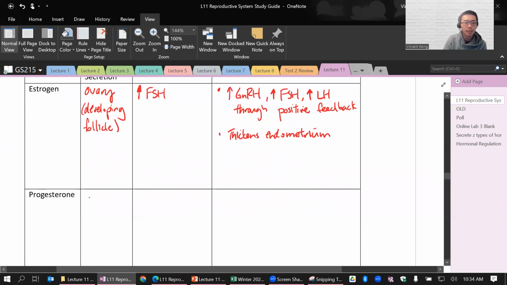Progesterone. Progesterone is also from the ovary, and it's from the corpus luteum. And the trigger is basically an increase in LH, right? During the second half. Okay, we can also say formation of corpus luteum.